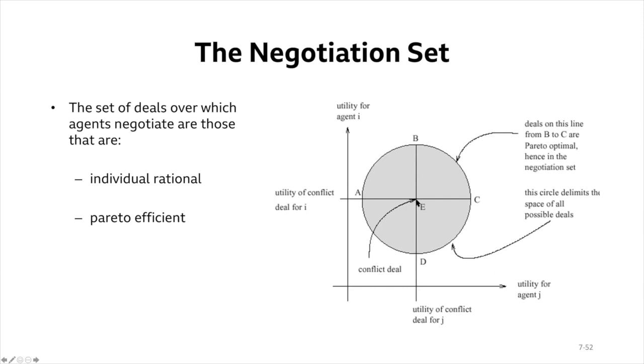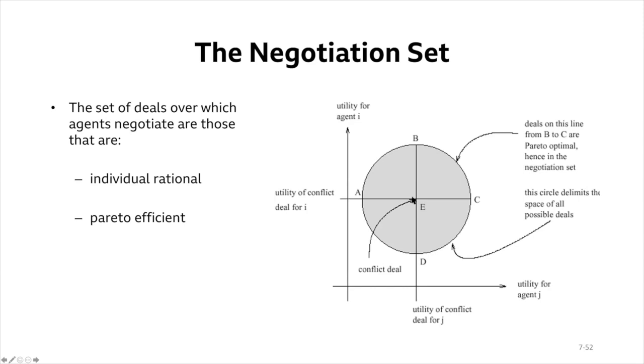There's going to be one point where we have the conflict deal, and that's going to be the origin of this graph. So this is where the utility of agent J is going to be 0, and the utility of agent I is going to be 0. So that's the origin of this particular graph.